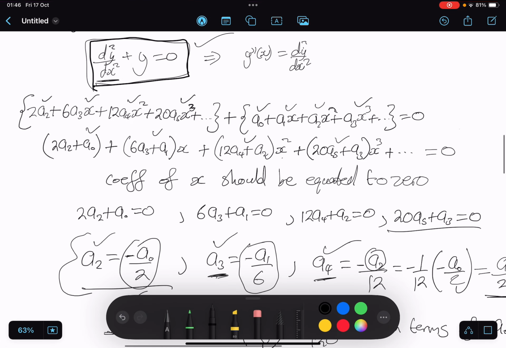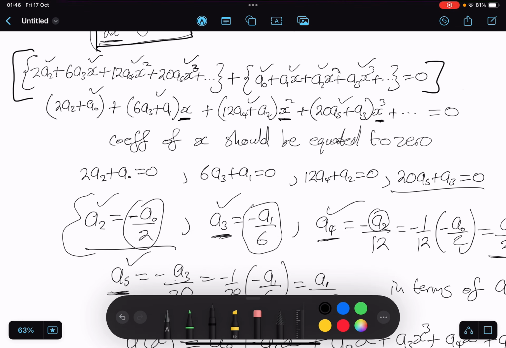Once you substitute, you group the terms according to the variable x. So we group them according to x squared, x cubed, etc.